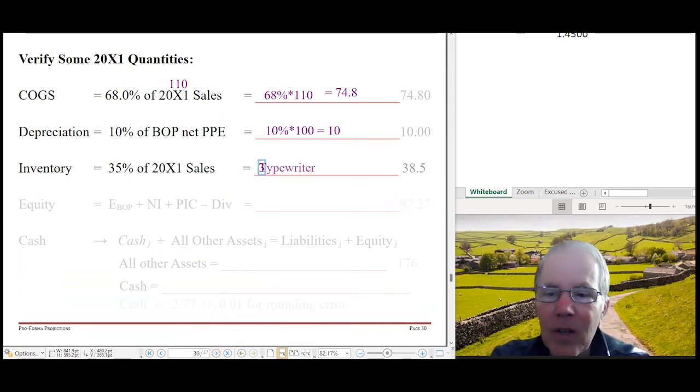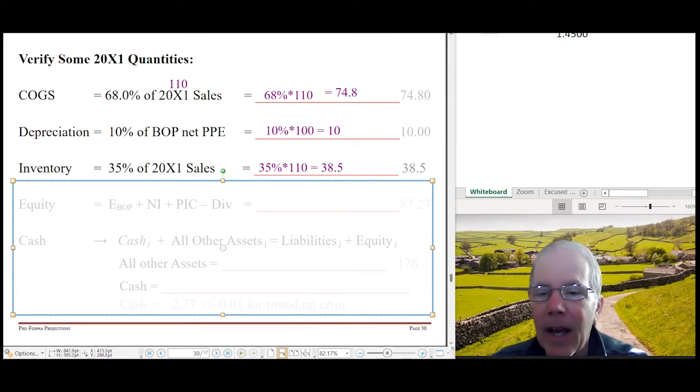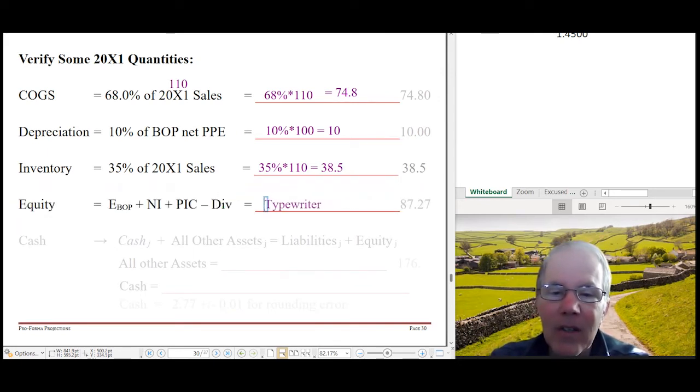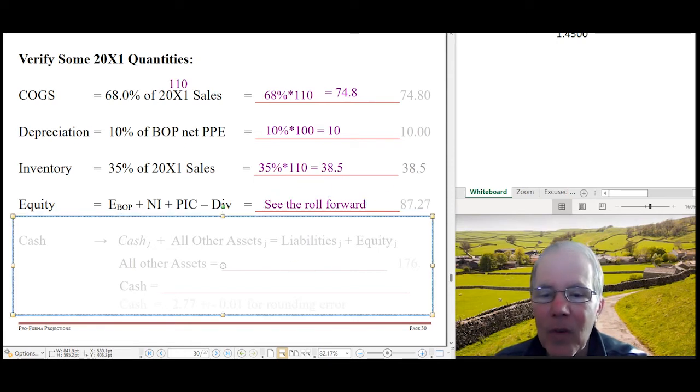So the value for inventory is going to be 35% times 110. And that's equal to 38.5. Okay. And equity, we've already looked at here. So let's see the roll forward, because that's really illustrated perfectly on the roll forward.